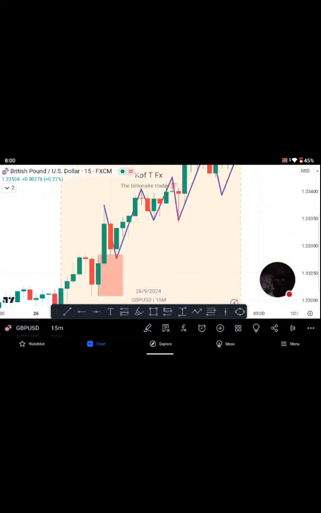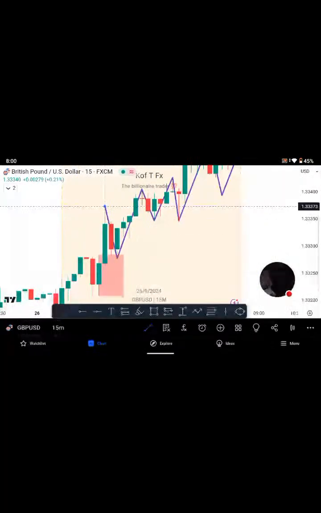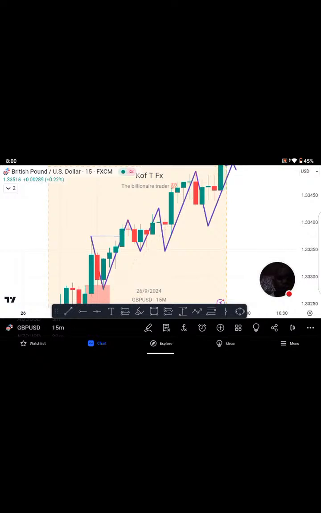Price takes out this high. Then we have another one. And price came down to grab this liquidity.